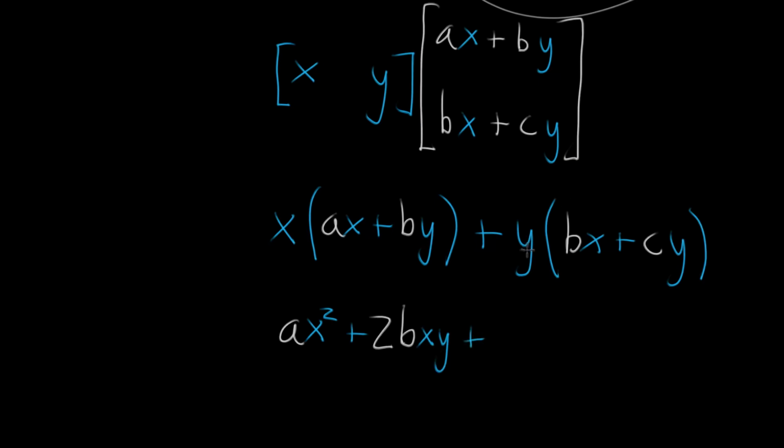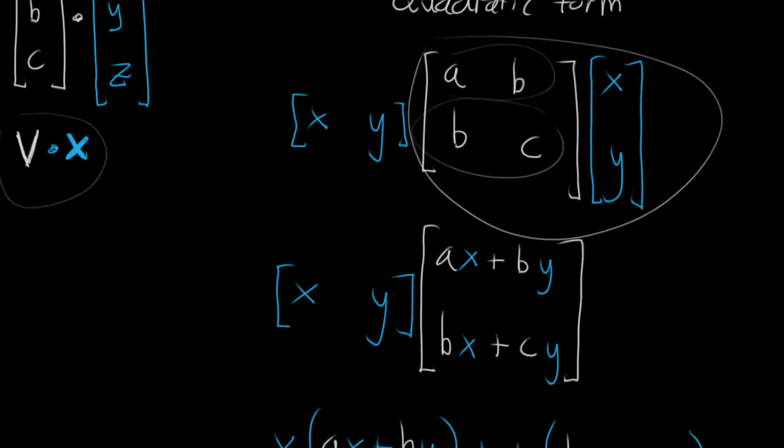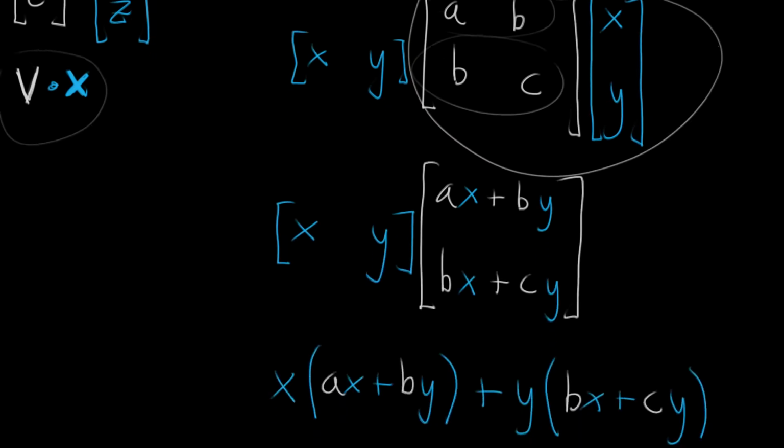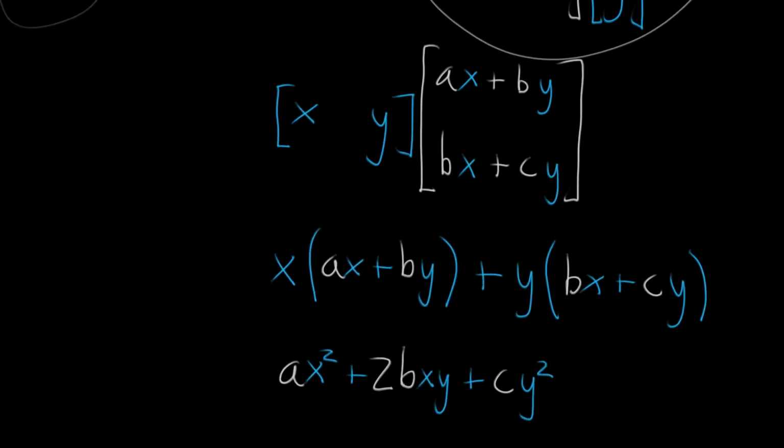And then the last term is y times c times y. So that's cy squared. So we get back the original quadratic form that we were shooting for: ax squared plus 2bxy plus cy squared. That's how this entire term expands. As you kind of work it through, you end up with the same quadratic expression.